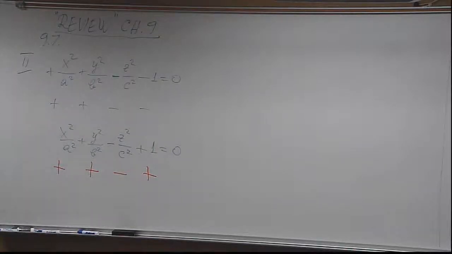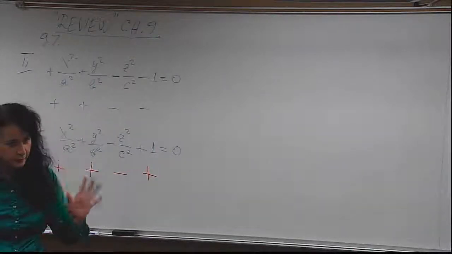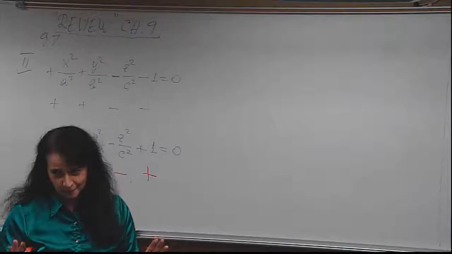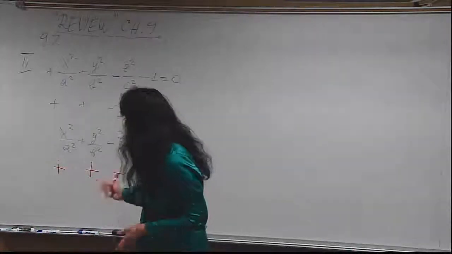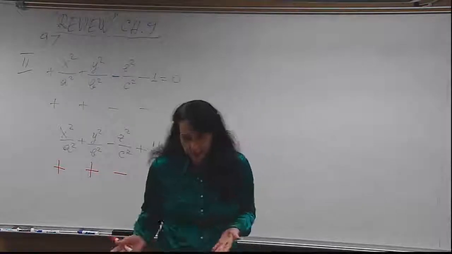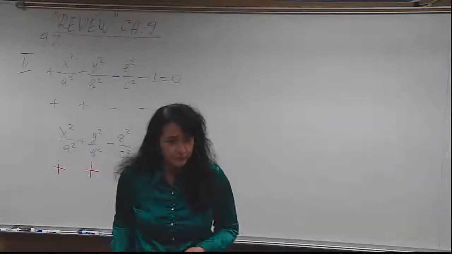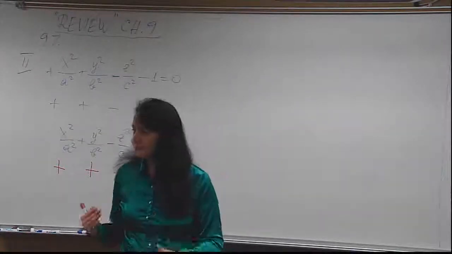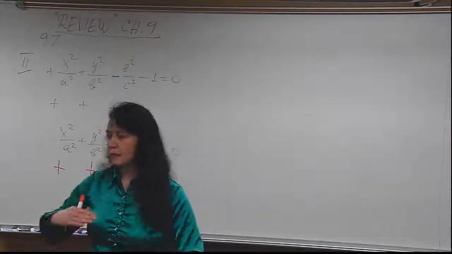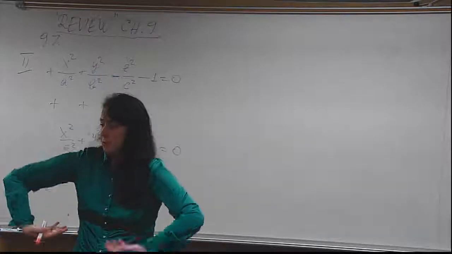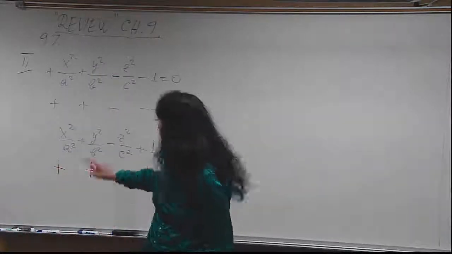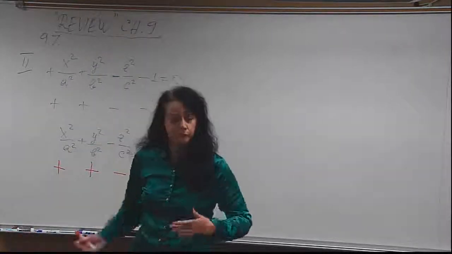And you say, okay, wait a minute. If I multiply the whole equation by negative 1, I can have 3 minuses and a plus. Yes. So you have an uneven number of pluses and minuses, and that should ring a bell. Or an even number of pluses and minuses like you have here, and that should ring a different bell.